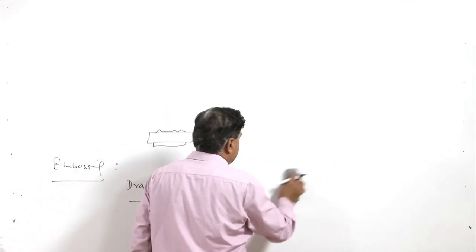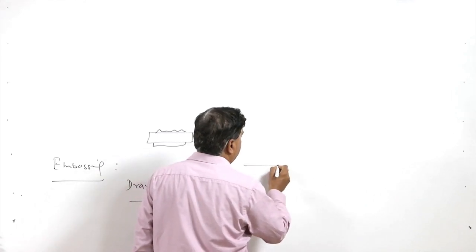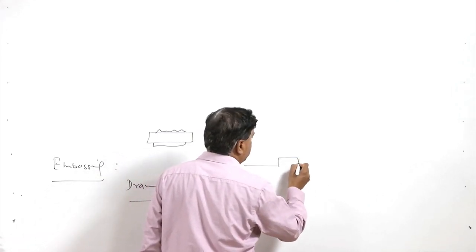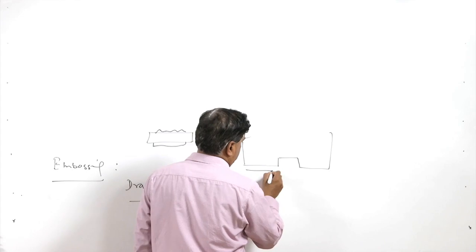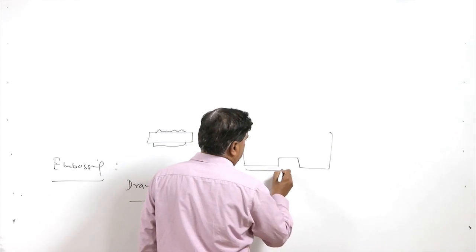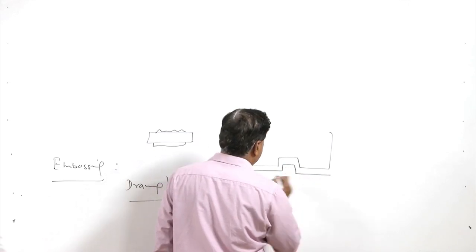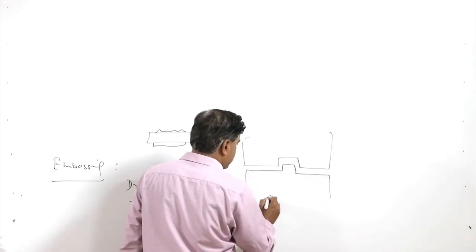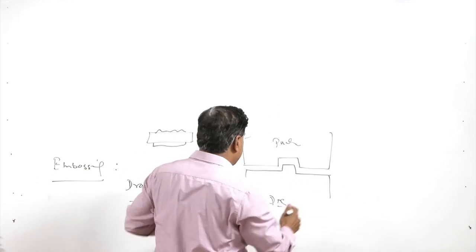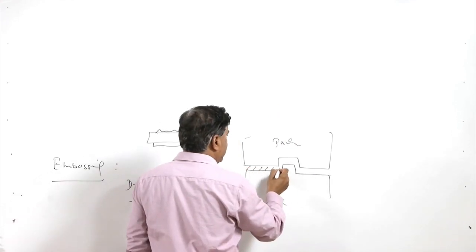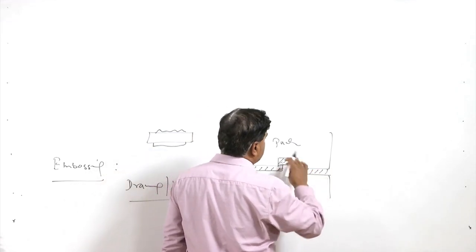So, for this particular situation, we will be making this kind of feature into the punch, and the corresponding kind of feature will be made in the die. So, this is the die and this is the punch. When the punch acts onto the sheet metal, it takes the shape of this typical feature which is present in the die and punch.